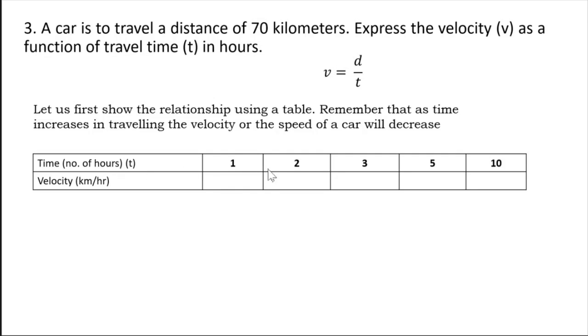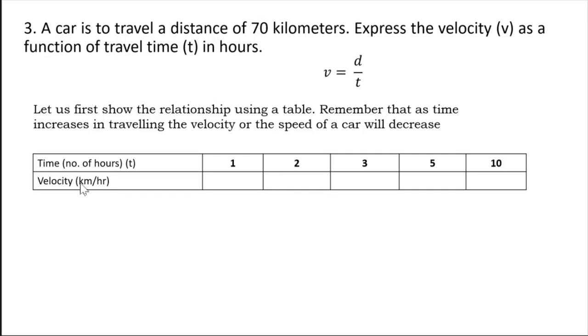So we have 1 hour, 2 hours, 3 hours, 5 hours, and 10 hours traveling this distance. Our constant, of course, is the distance, 70 kilometers. If we have 1 hour traveling the 70 kilometers, what will be our velocity? Our speed is in kilometers per hour.